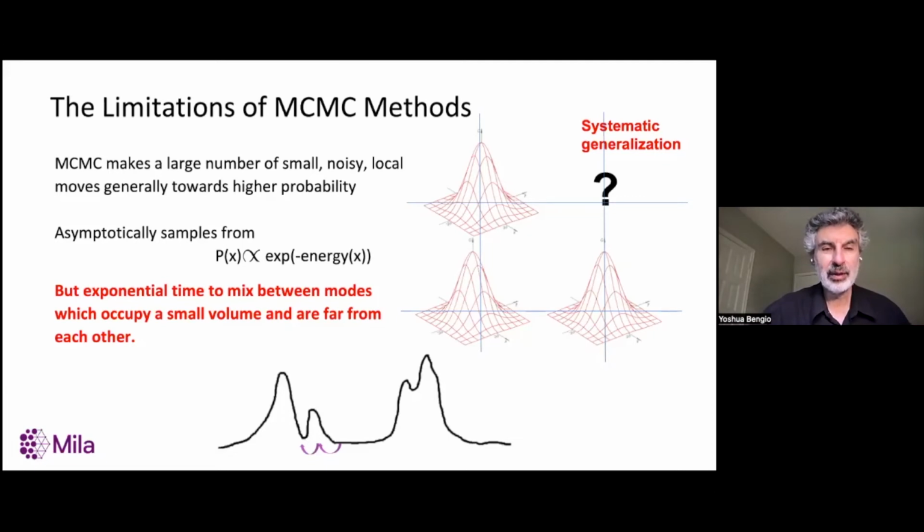And so that's a problem, at least for a lot of interesting distributions that we care about. I've worked on vision problems with MCMC methods in the 2000s and early 2010s. And this was a big issue.